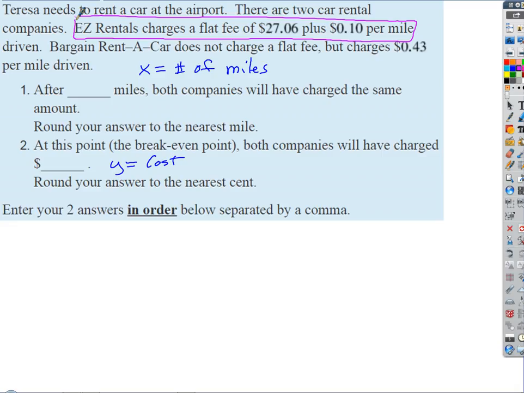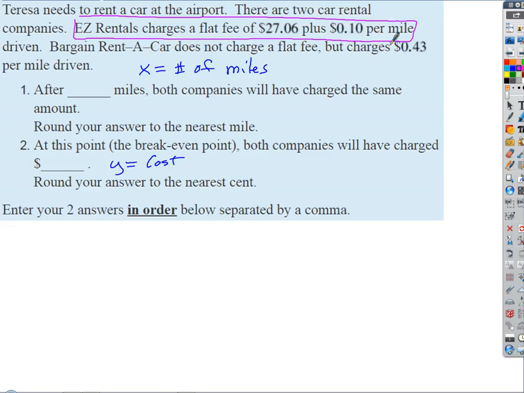Okay, so what's that going to look like as a linear equation? Well, we know that the cost is going to equal $27.06 plus 10 cents per mile. Well, that's the rate, isn't it? We multiply the number of dollars per mile times the number of miles to figure out the part of the cost associated with the per mile rate.